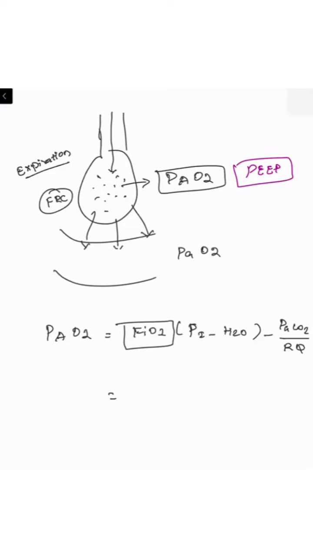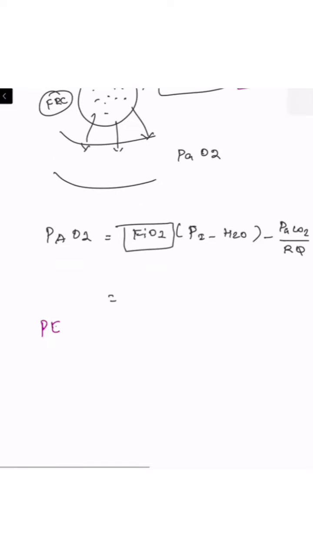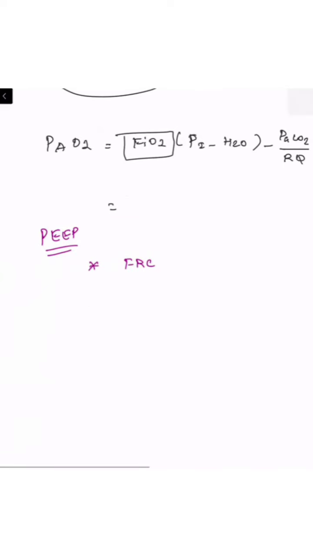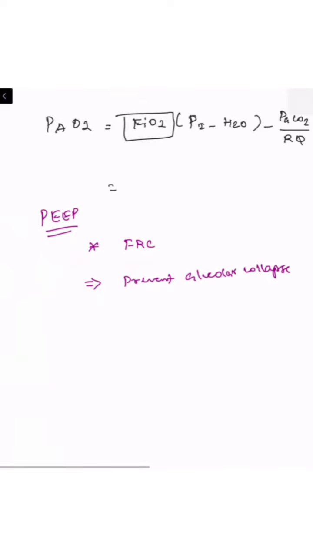What is the basis for keeping the normal PEEP? This is helpful in maintaining the functional residual capacity. If you maintain the functional residual capacity, it will prevent alveolar collapse. If all the alveoli are open, these open alveoli will have the increased functional residual capacity.